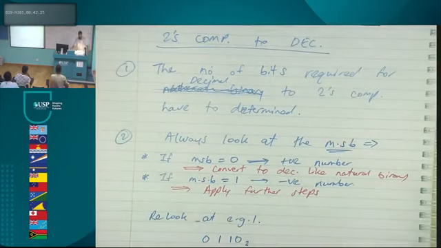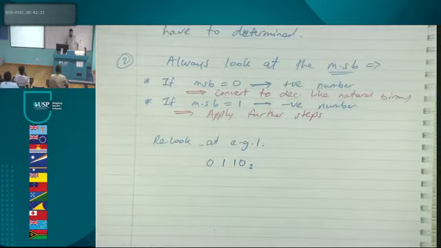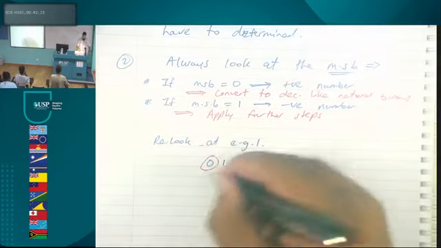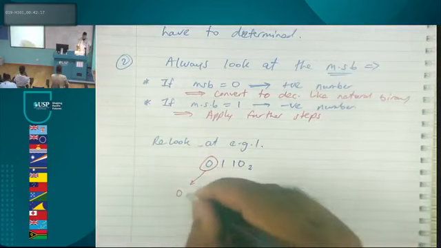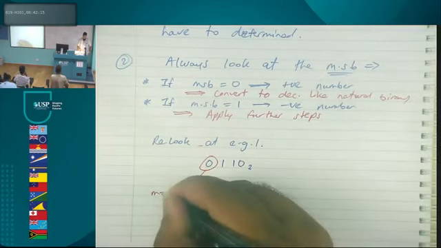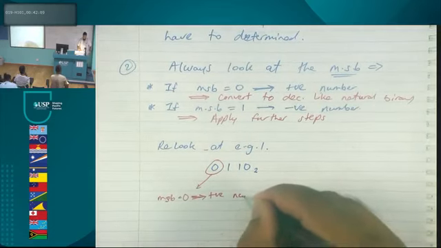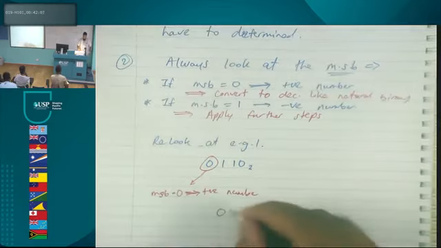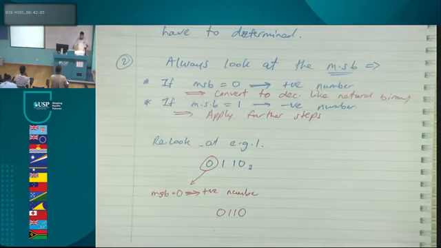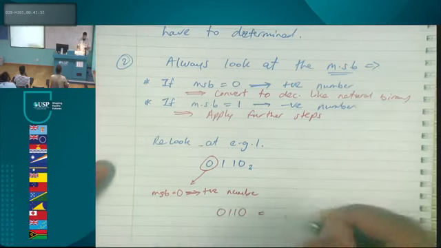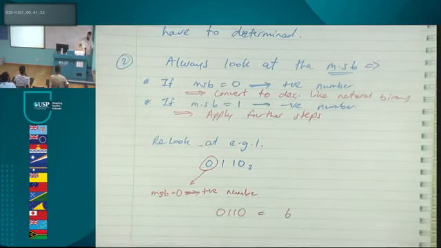And you say that this system is based on two's complement. Because the MSB is 0, that means it's a positive number. Therefore, 0, 1, 1, 0 is positive 6.